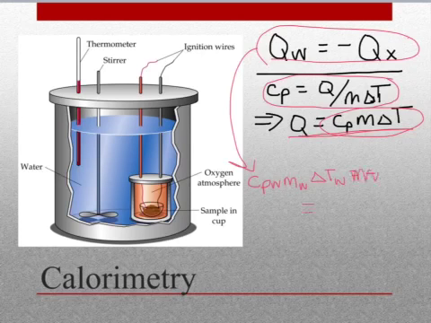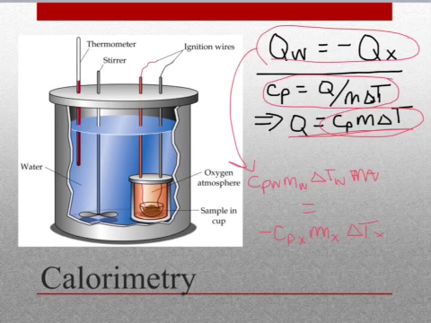So it equals the negative specific heat capacity of whatever our other material is times the mass of that material times the change in temperature of that material. And we can use that if we know all the changes in temperature, all the masses, then we only have this final minus initial temperature, and we can find how much heat was transferred between the two objects.